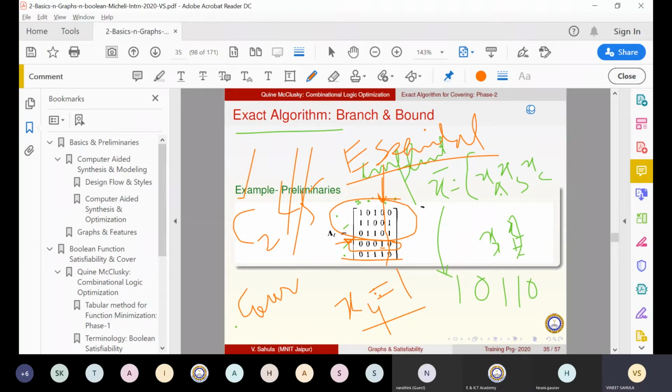Similarly, let us say the essential step is not done. Let us say this step is not done, so the fifth is not chosen. Now you focus on row 4 and row 5. Is it okay? Row 4 has only one 1, in the fourth column. Row 5 has 3 ones, in the second, third, and fourth columns.